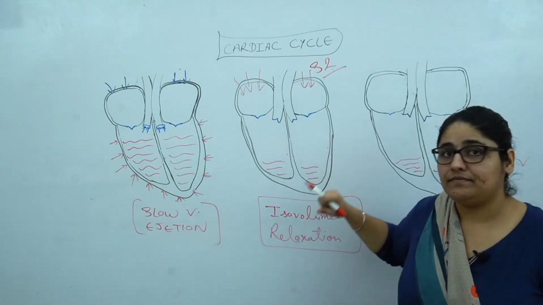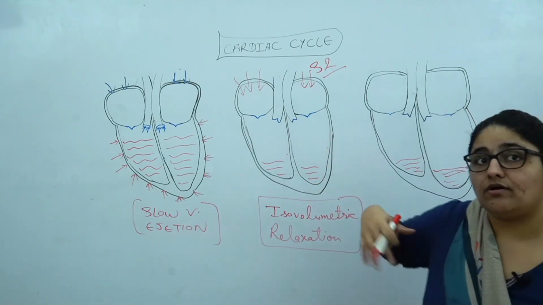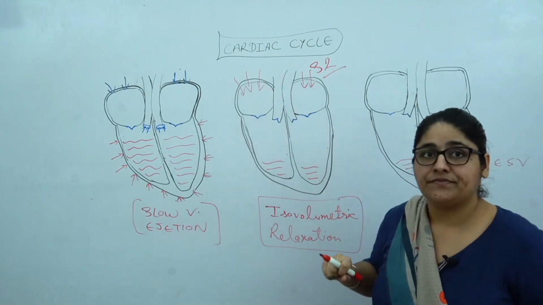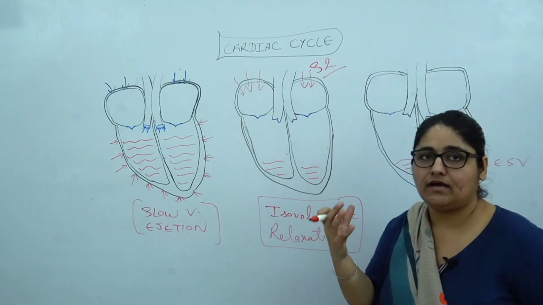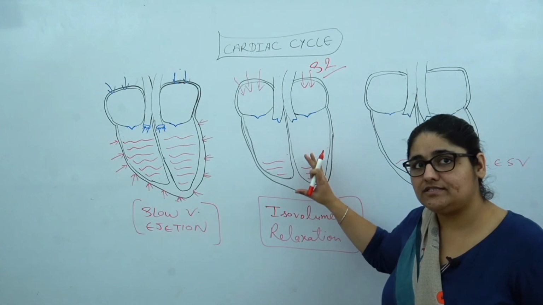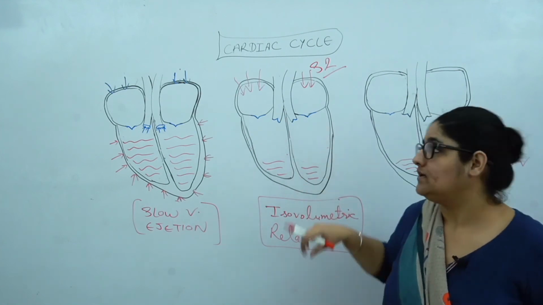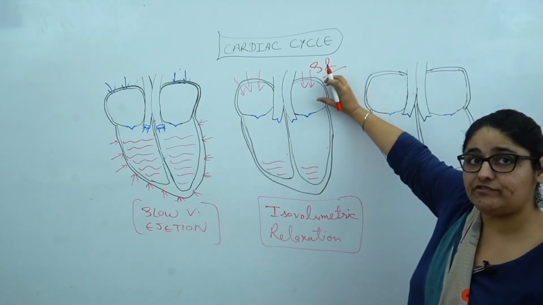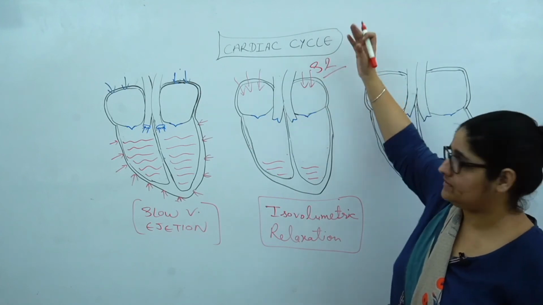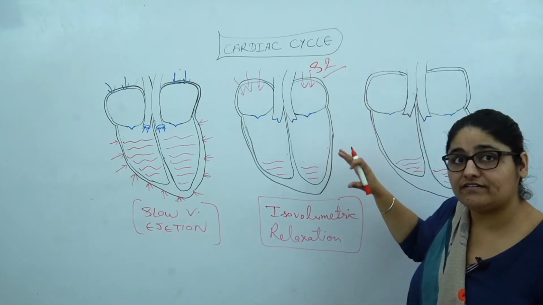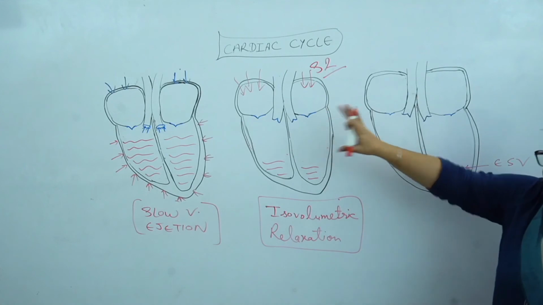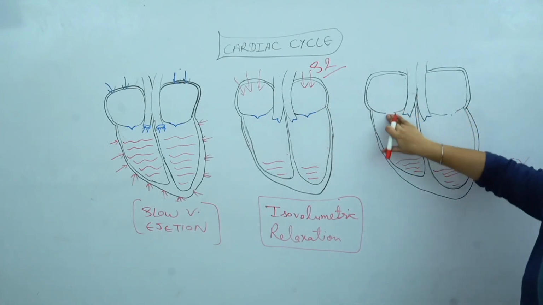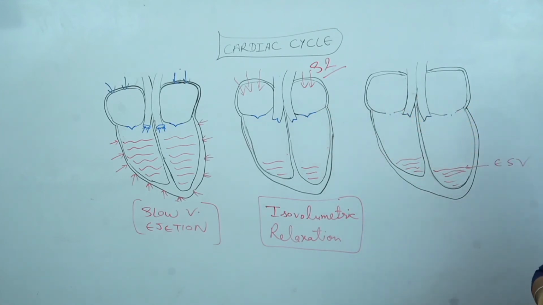At the same time, because ventricles have pumped all the blood into the tubes and are now relaxing, the pressure in ventricles goes down. Now the pressure in atria is higher than the pressure in ventricles, so these valves will open again.